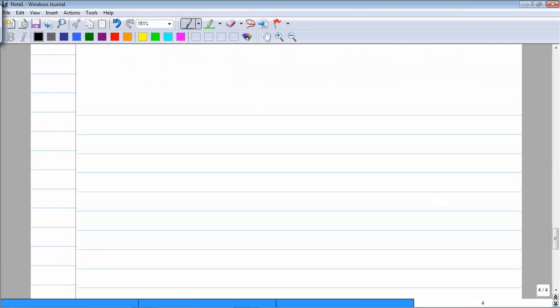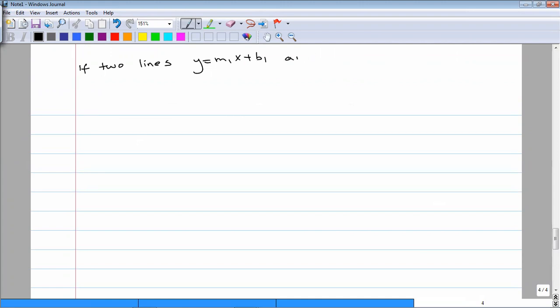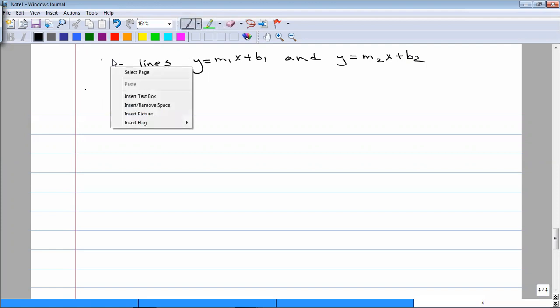Some general facts about lines. If two lines, say y equals m1x plus b1, and y equals m2x plus b2, are perpendicular, not if, this is if and only if.